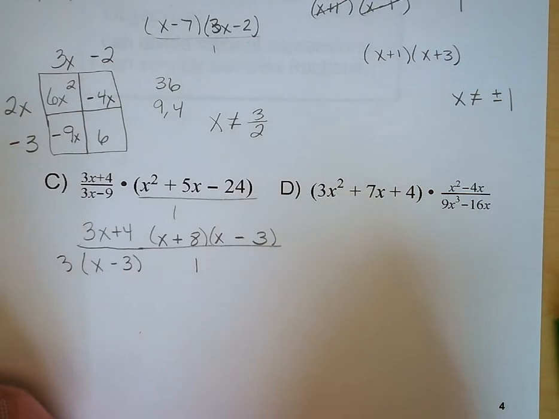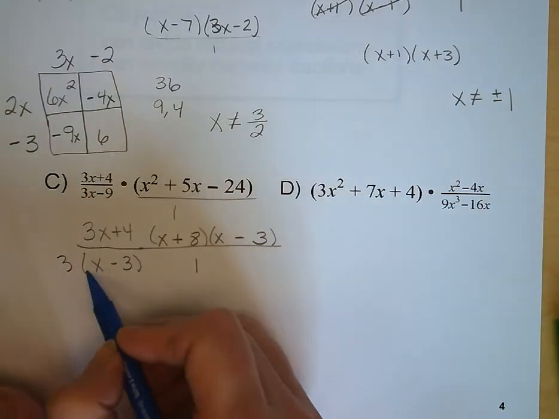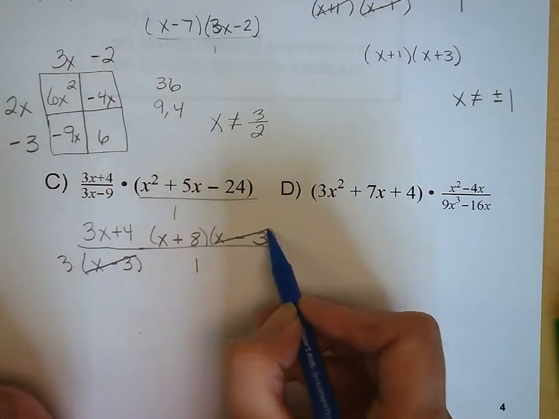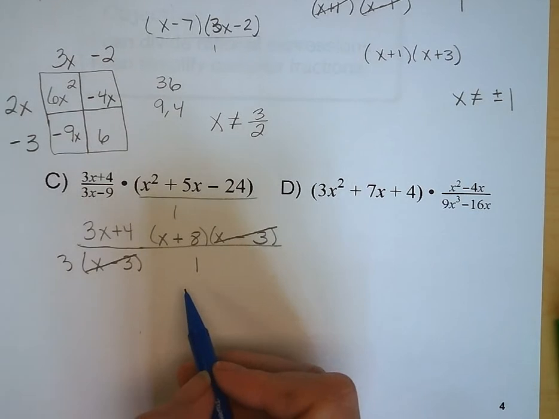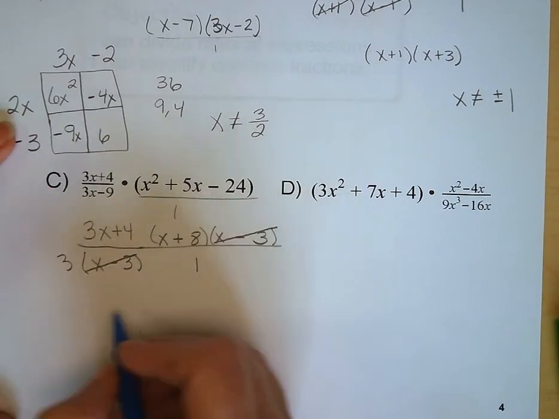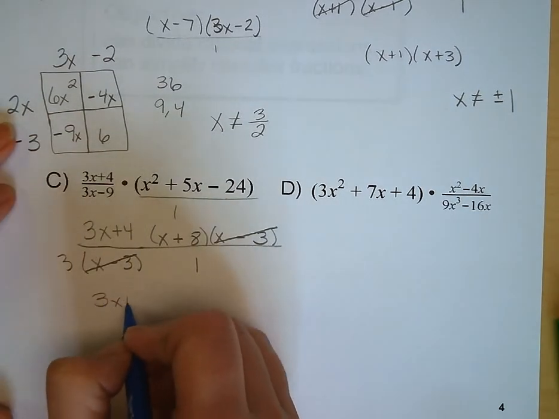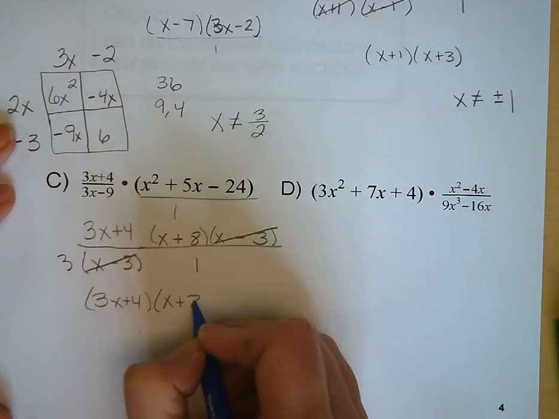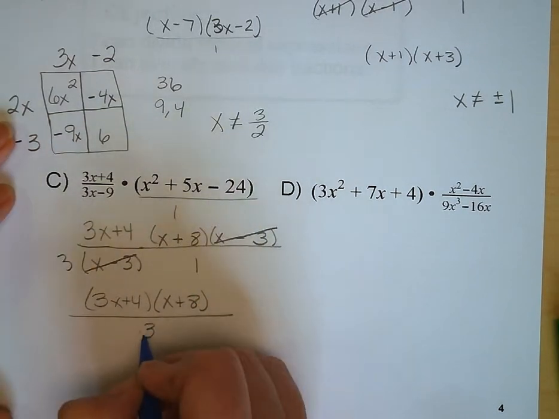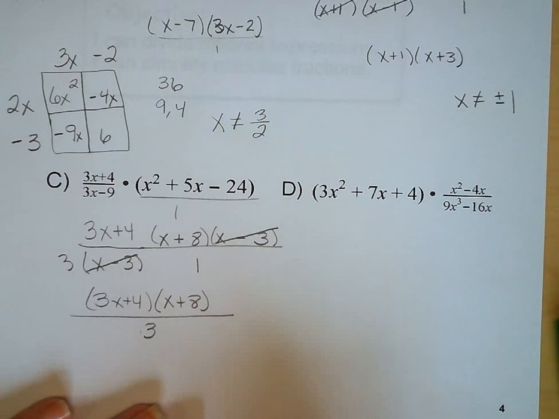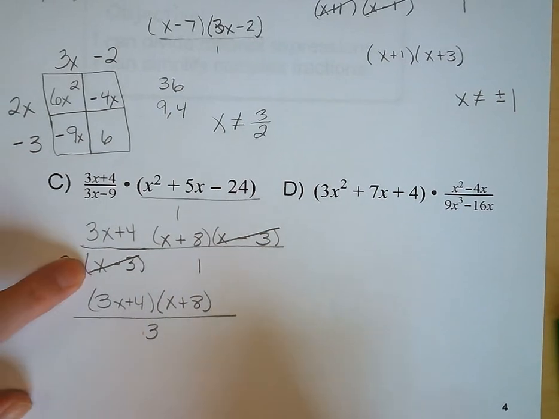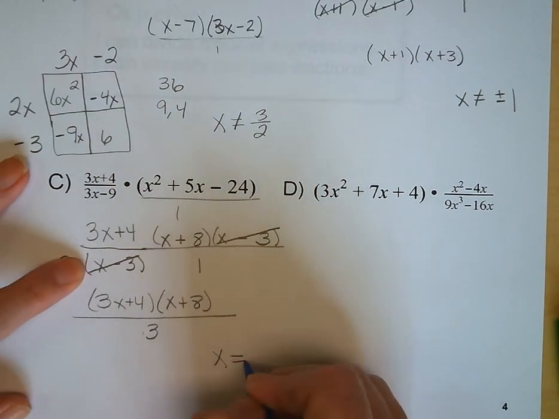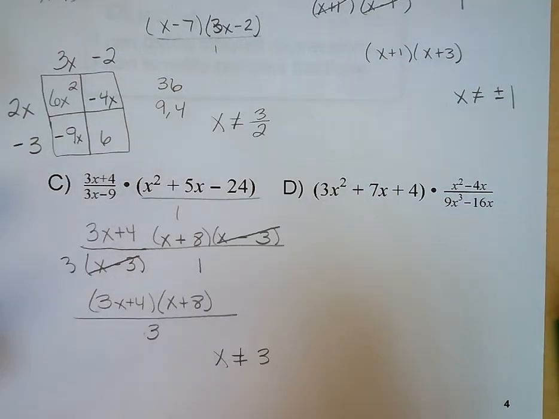So let's look to see what cancels out. X minus 3 cancels. And it looks like that's it. So we have a 3x plus 4 times an x plus 8, all divided by 3. And our excluded value for this one would be x is equal to 3. So x cannot be 3.